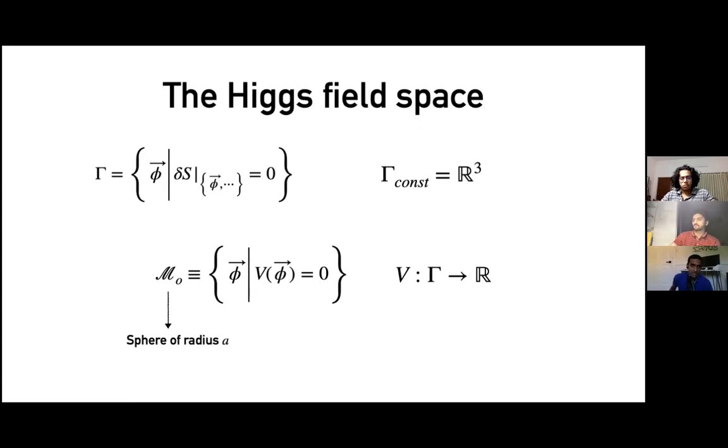And really, what I want to do is think about the potential as a function from the field space to R. And I want to define this M naught as the sphere after which V is zero. Basically, the Higgs field reaches its vacuum configuration. Note that M naught is itself going to be a two sphere in this R3 of constant configurations.